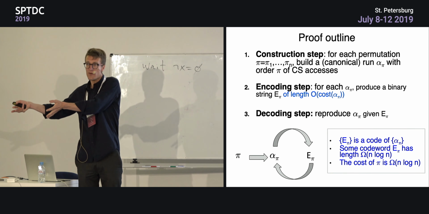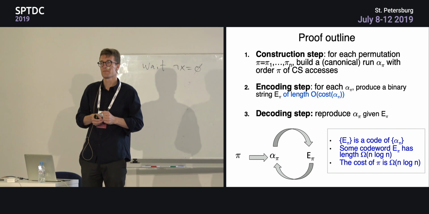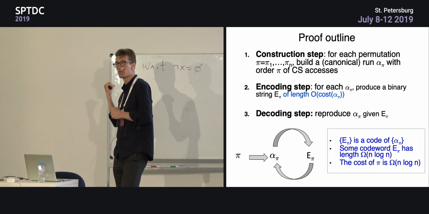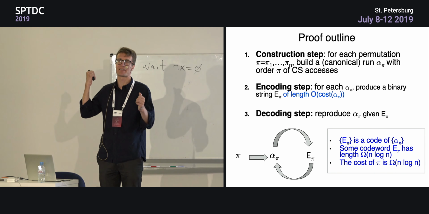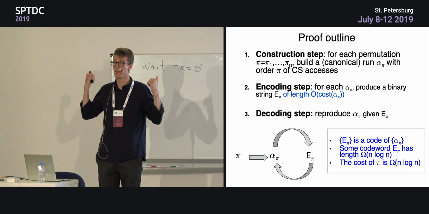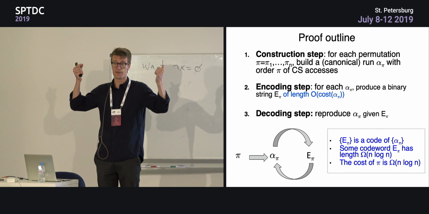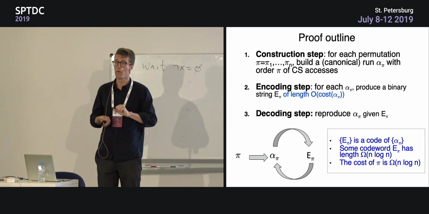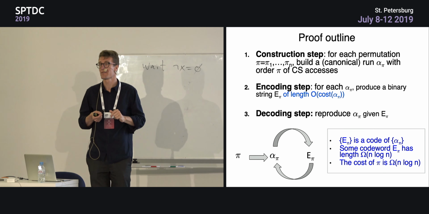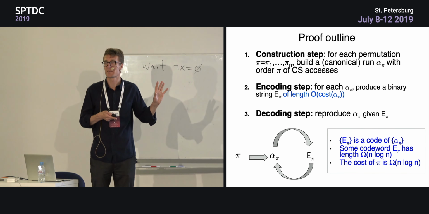And then you deduce the cost of some execution in the set. Similarly to what yesterday was discussed in the context of set agreement impossibility with Sperner's lemma. You don't care which execution violates the condition. You know that it exists. Sperner's lemma says that there is some execution in which too many values are decided. Here it's the same idea, just a different tool.